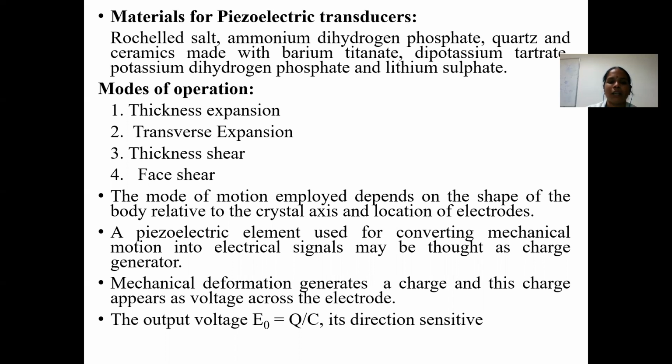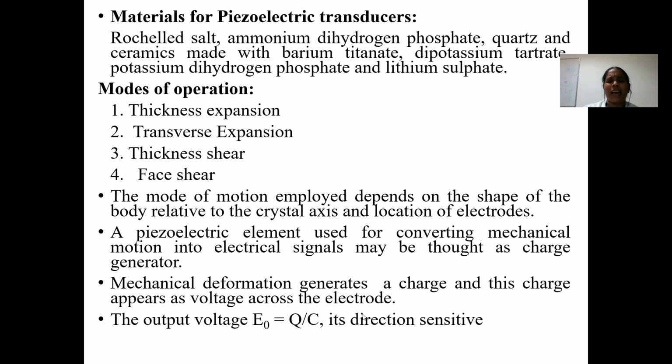Mechanical deformation generates a charge, and this charge appears as a voltage across the electrodes. The output voltage E0 or V0 is given as charge divided by C.